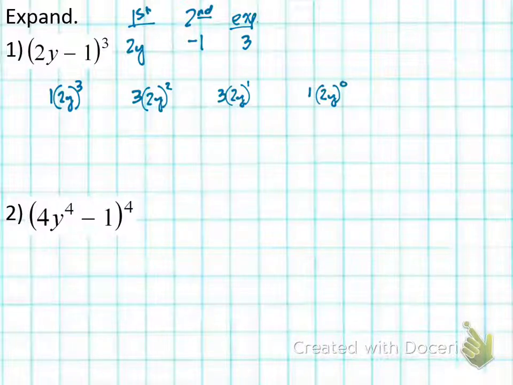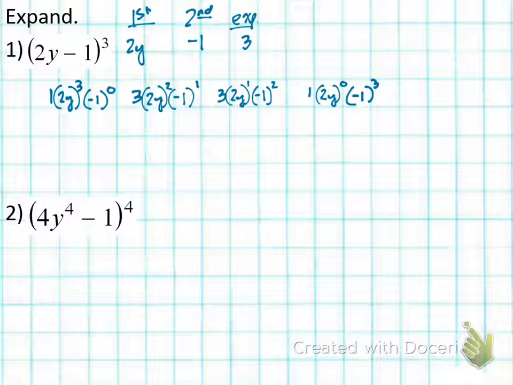And then we go backwards. We got -1, so it's -1 to the 0, oh wait, I made a mistake here. Oh yeah, -1 to the third, -1 squared, -1 to the first, and then -1, thank you, to the 0 power.